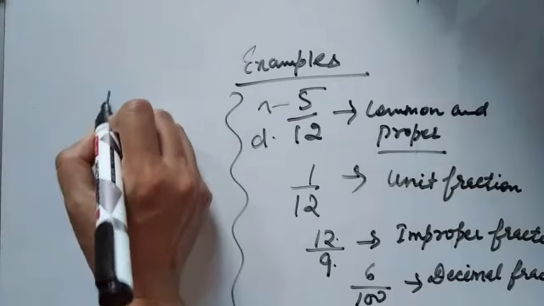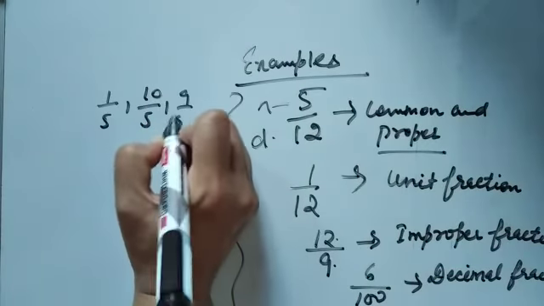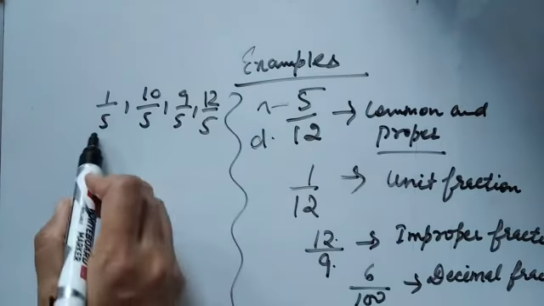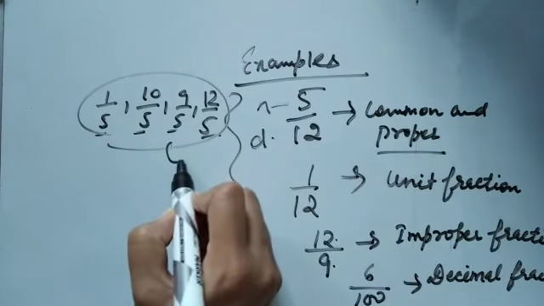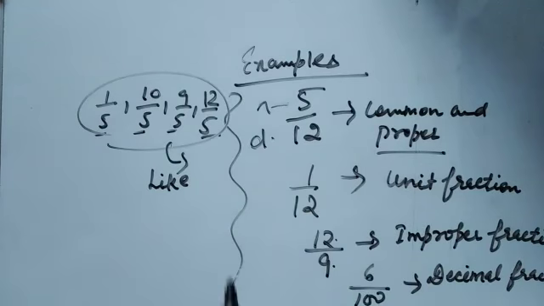Group of fractions like 1 by 5, 10 by 5, 9 by 5, 12 by 5. So denominators are same in all the fractions, so these are like fractions.